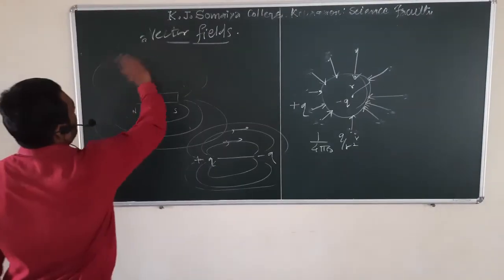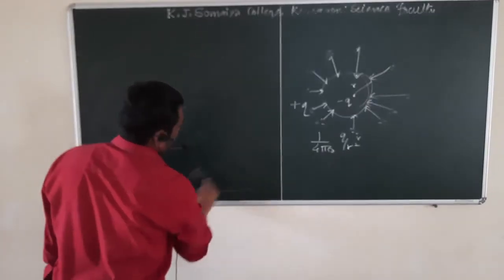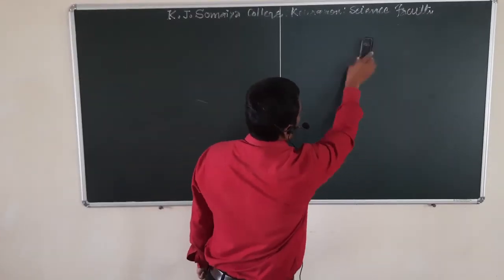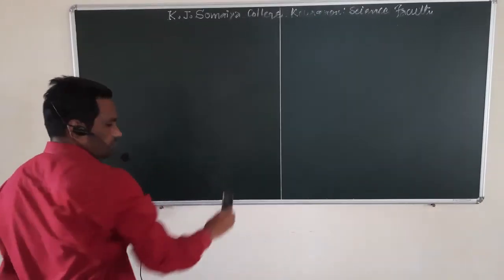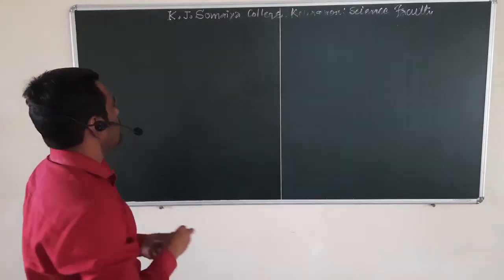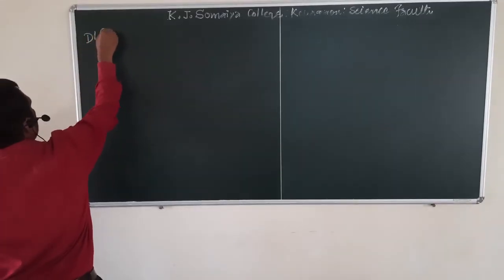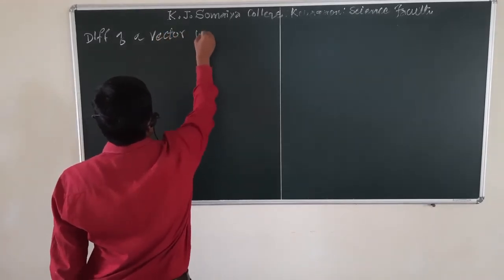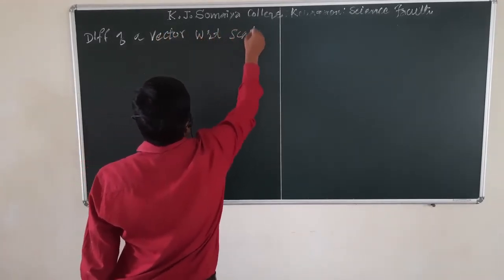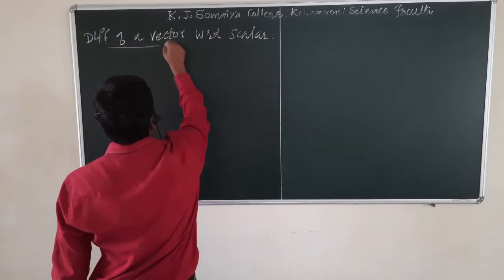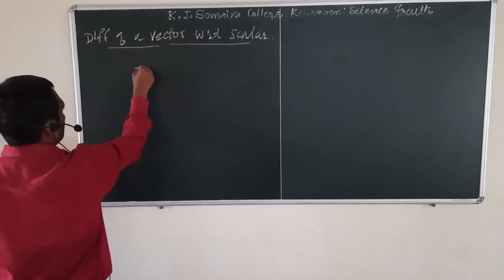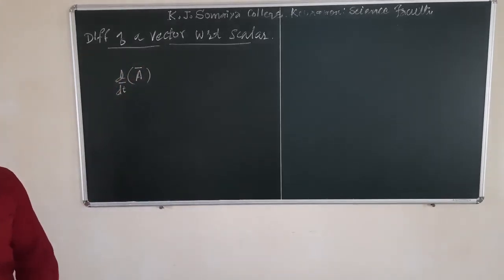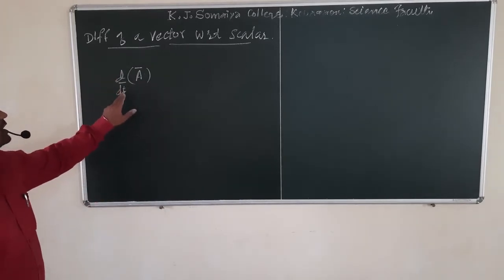Now, another topic we have to study, which is a very short topic: differentiation of a vector with respect to a scalar. It means we have to take the derivative of a vector, and we are taking that derivative with respect to a scalar.